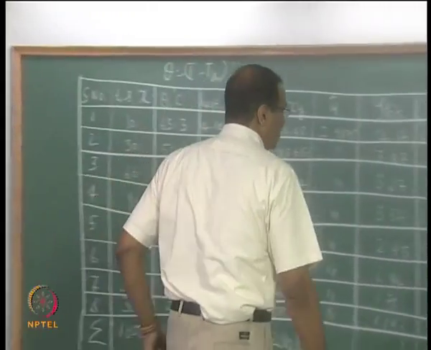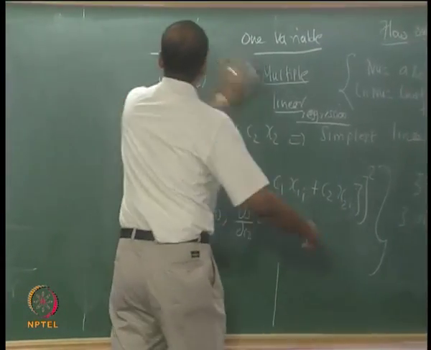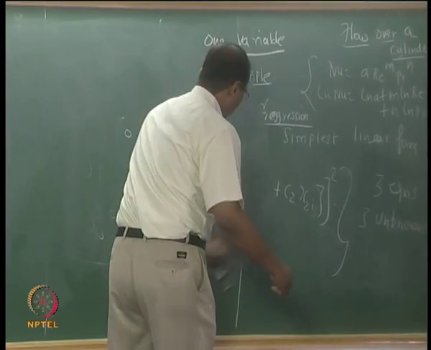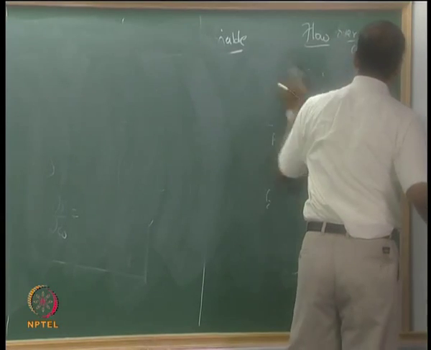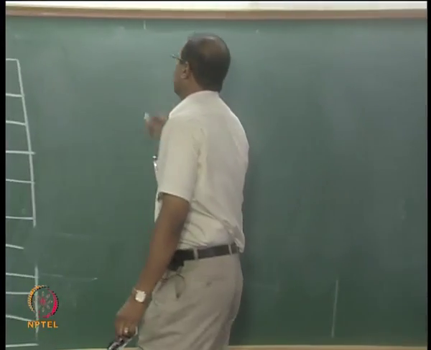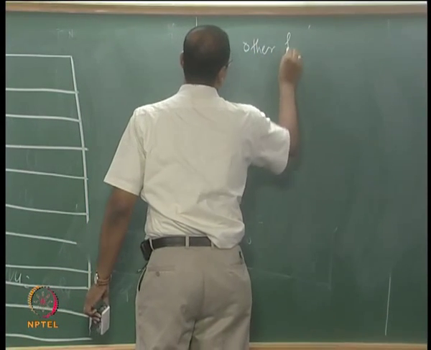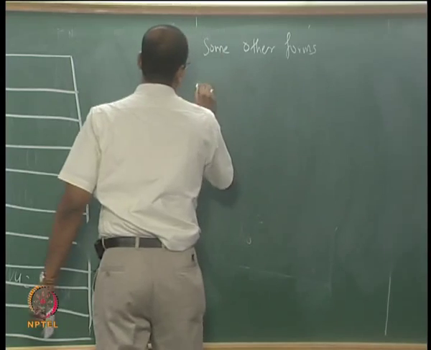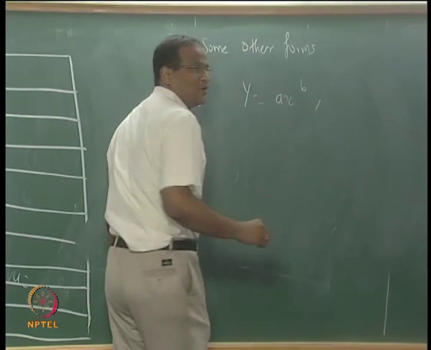Now what are the other forms which can be reduced? Y is equal to A x to the power of b. What is our proposal?